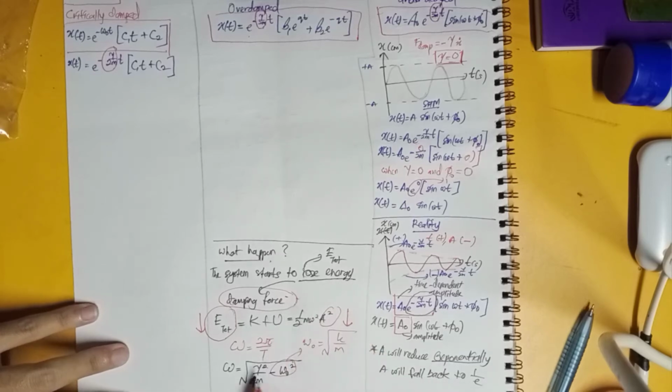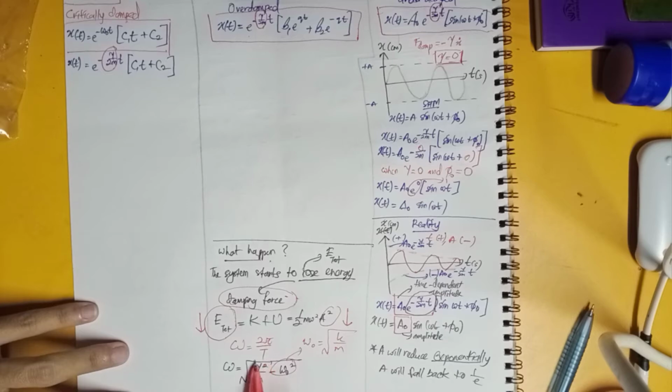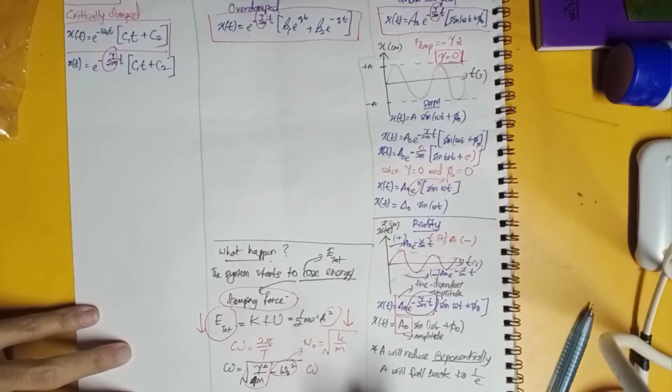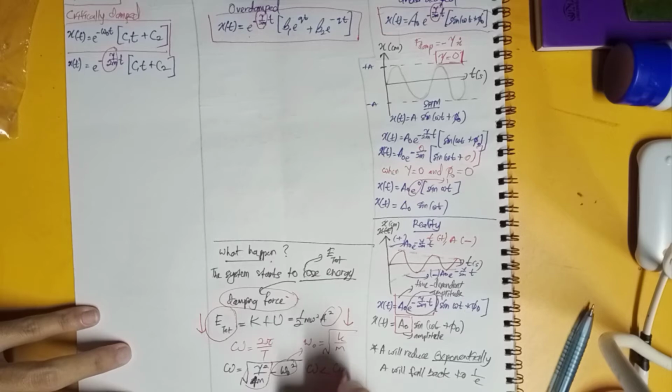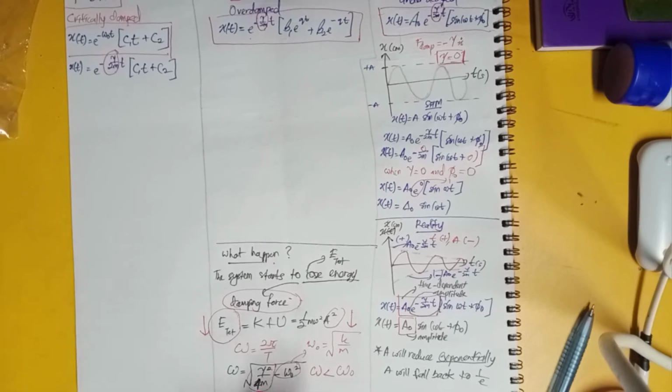So that means that this omega right here, we have the quantity here, and then we have to subtract the natural angular frequency. So that means that omega is less than omega naught. So let's compare here.